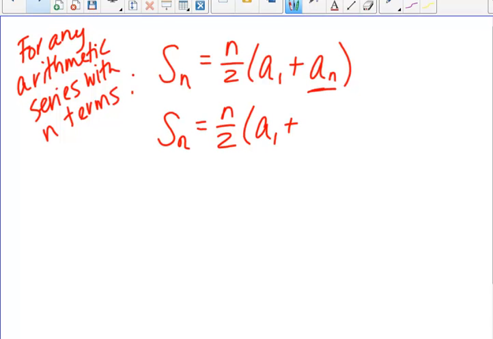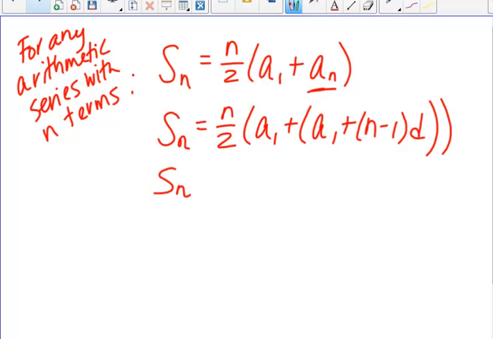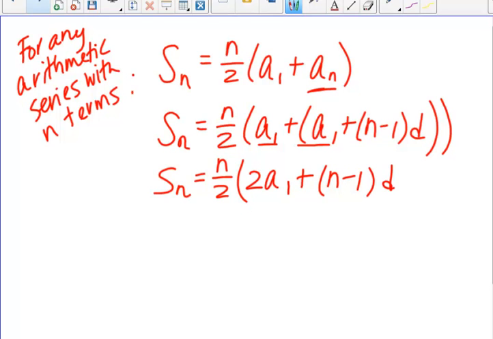So I do want to remind you that this term, a sub n, we have an equation for, and that is the following: a sub 1 plus n minus 1 times the common difference. So if I was in a situation that I didn't know what the nth term was, I could write this equation a little bit differently, where I would write n over 2 times, I have an a sub 1 and another a sub 1, so that would be 2 a sub 1 plus n minus 1 times the common difference.